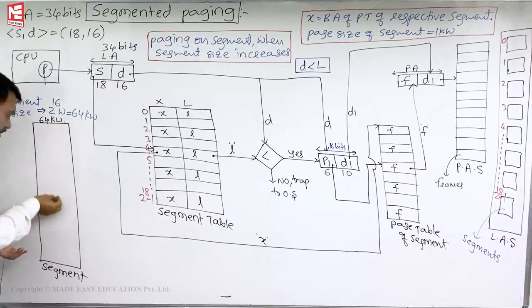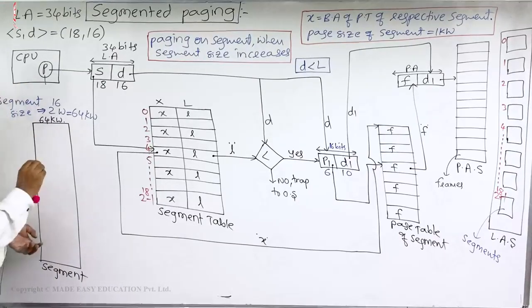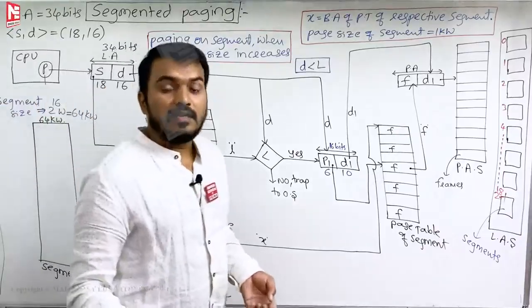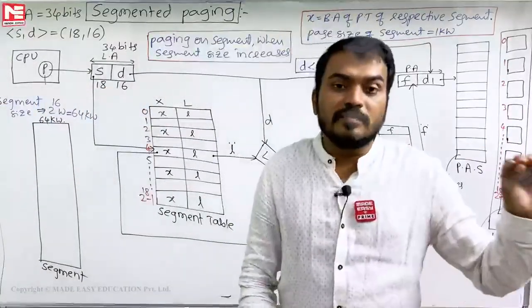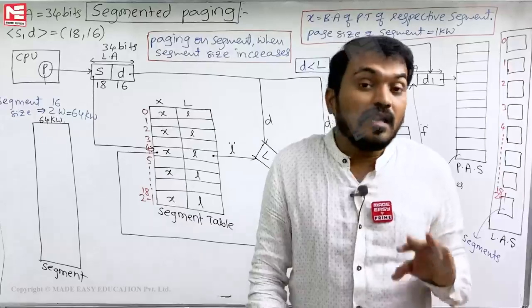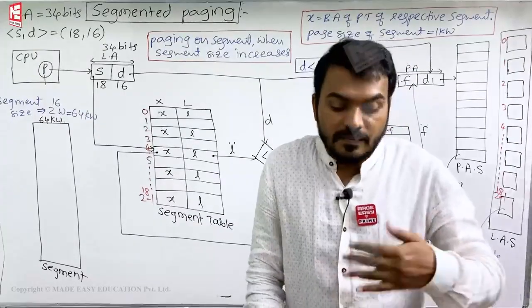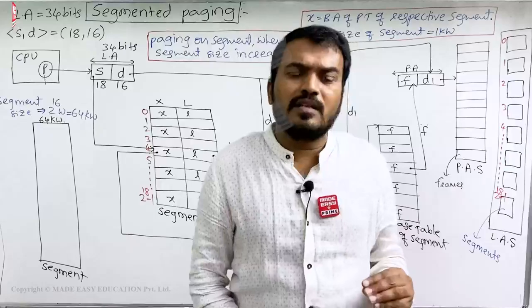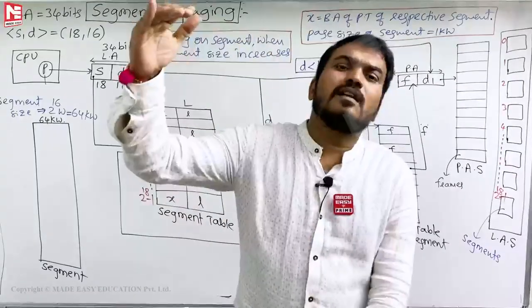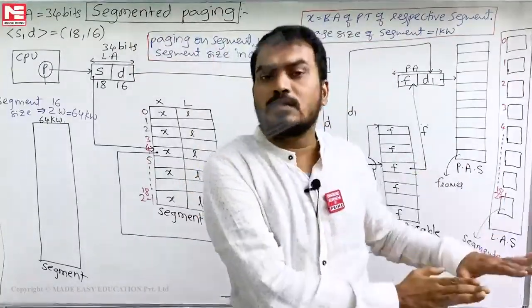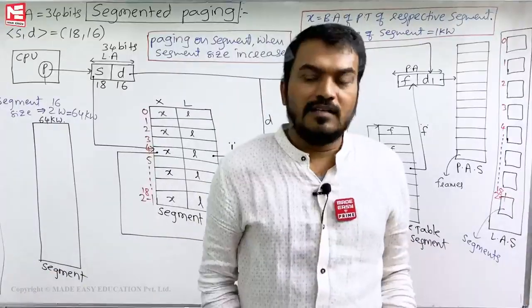So let's say segment is having something like 64 kilowords. Now remember, in the normal segmentation that we studied before, the entire segment will be brought into main memory. Yes or no, right?